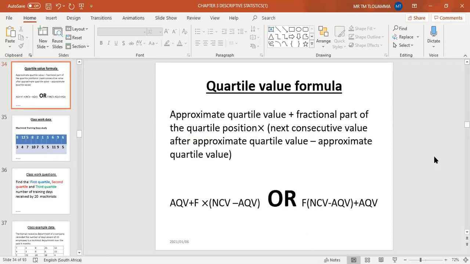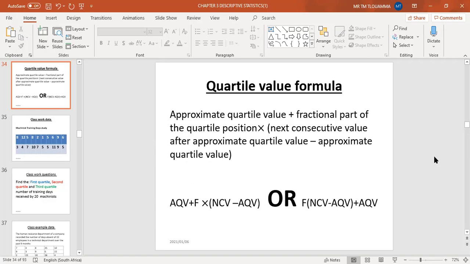Then after finding the position, now we need to find the quartile value formula. The formula says AQV, which stands for the approximate quartile value, that will be from our data set, plus F. The F is the fractional part of the quartile position, multiplied by brackets NCV.